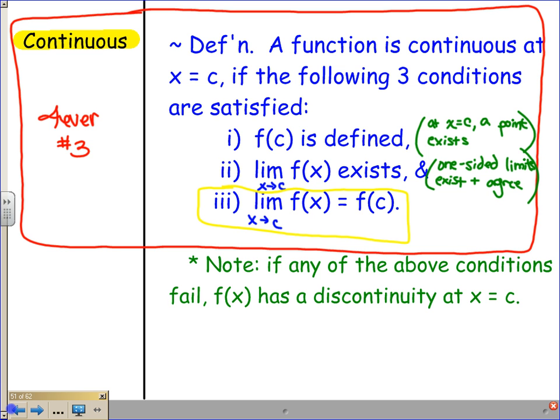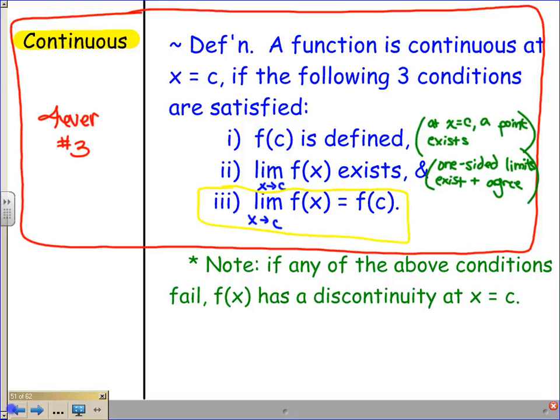Just by definition of what we talked about before. And then condition 3, why am I saying that's the most important? Well, for condition 3 to work, don't you have to have a point?